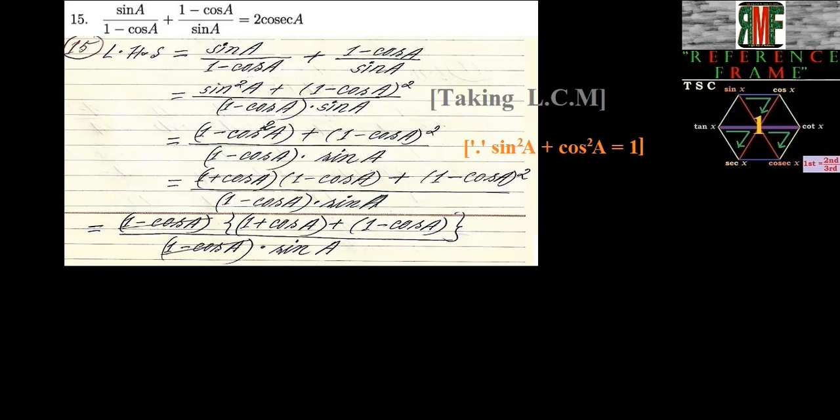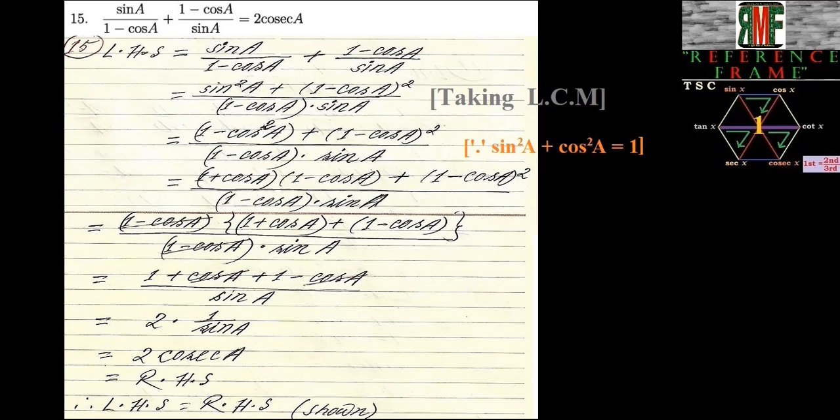So there will remain another thing, and the thing is 1 minus cos a. So look, from the numerator and denominator we have a similar term, and the term is 1 minus cos a. So we can omit each other, and by omitting each other we're going to have a new look.